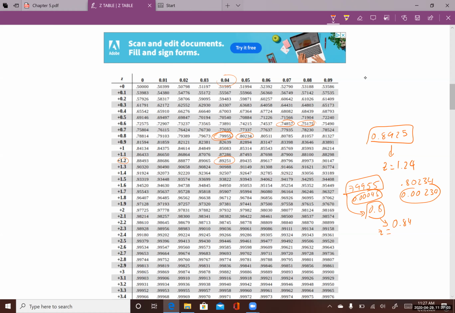They're very close actually, but the closer one is 0.74857. So the corresponding z is 0.67.